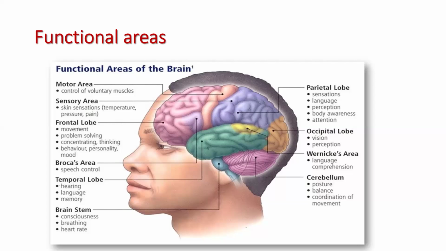Then the parietal lobe is mainly responsible for sensory functions, language, perceptions, body awareness, and attention, and the occipital lobe is mainly responsible for vision and perception. So these are the functional areas that we need to keep in mind when we have these patients, and also in today's discussion.